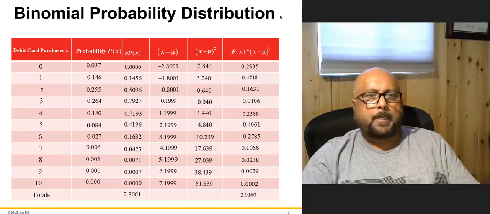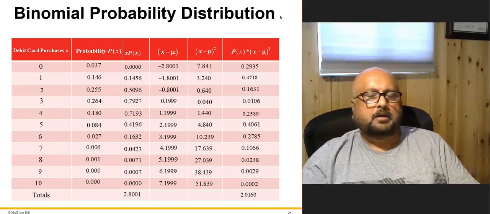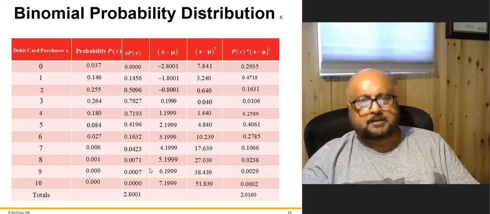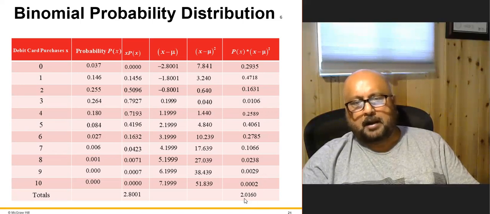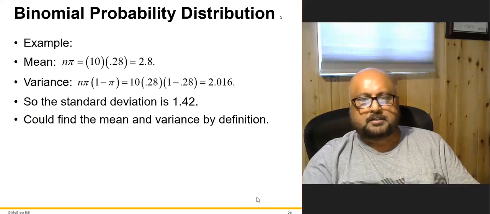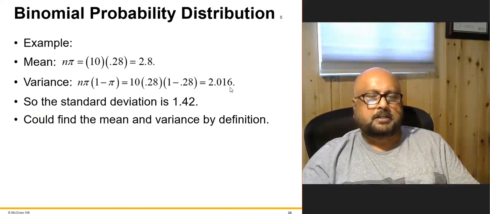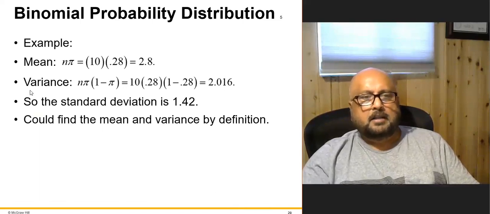And we can build this table by finding values like probability. This is the expected value. This is the variance, x minus mu square, and we add all the products, and then we have got 2.016. This is basically how we verify the variance. The variance with the formula is 2.016.